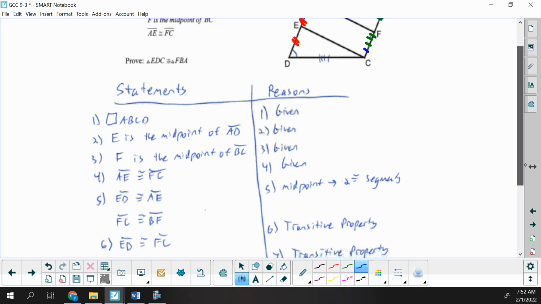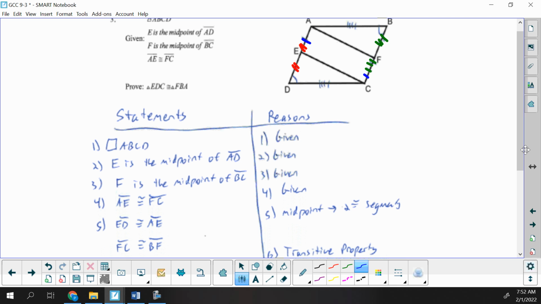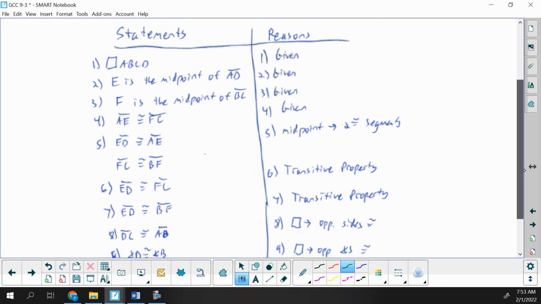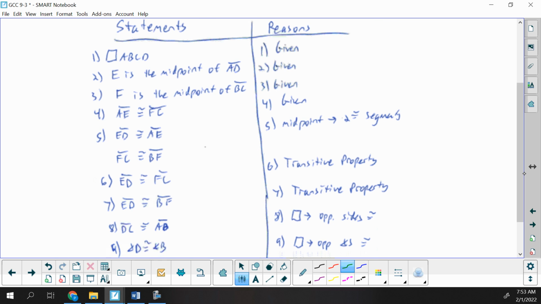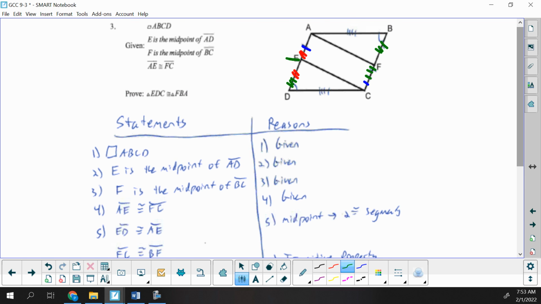We have that in step 6 there. But then once you get ED congruent to FC, I'm going to give that the 3 marks now, because now ED is congruent to FC. You can say that ED is congruent to BF as well by transitive property. So if ED is congruent to BF, that gives us one set of sides in those triangles.